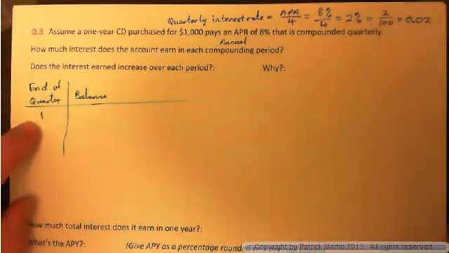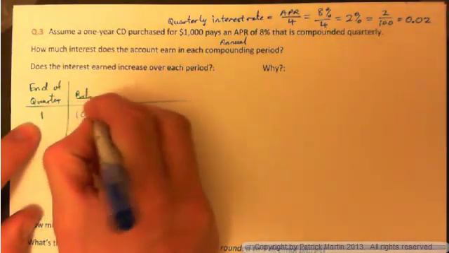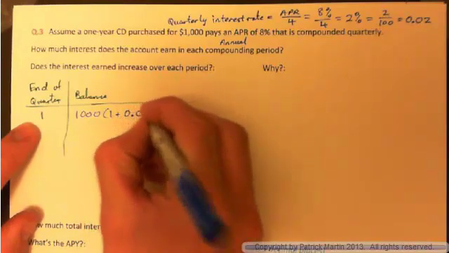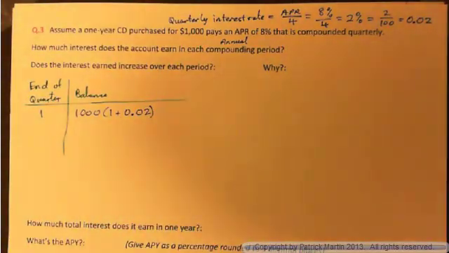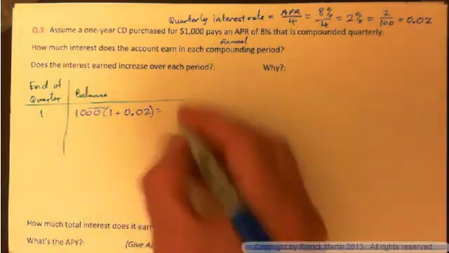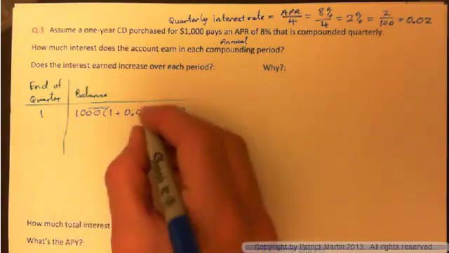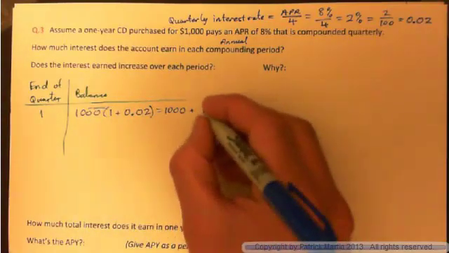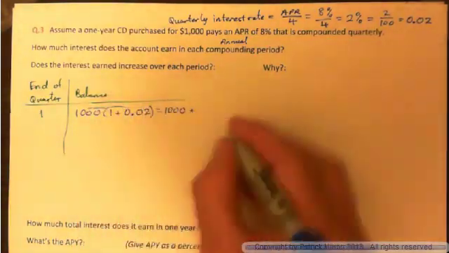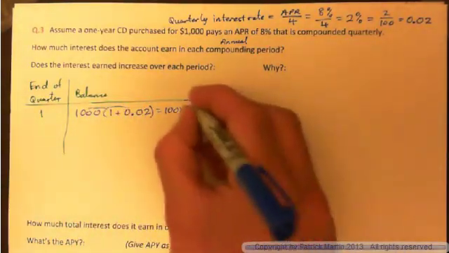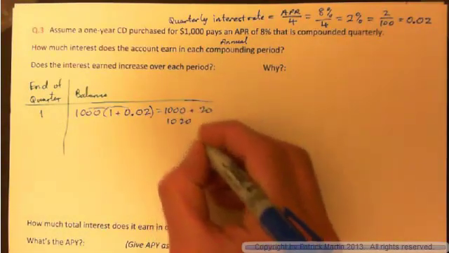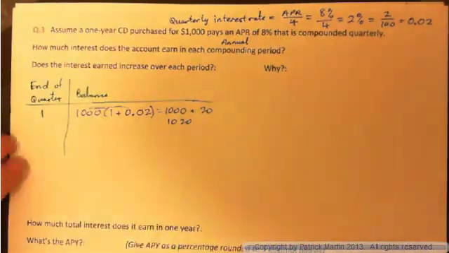So at the end of quarter 1, we take our $1,000 and we multiply that by 1 plus 0.02. So we get the 1,000 back and 2% added on. 1,000 times 1 is 1,000. 1,000 times 0.02 is 20. So we get $1,000 plus 20, or $1,020, after quarter 1.